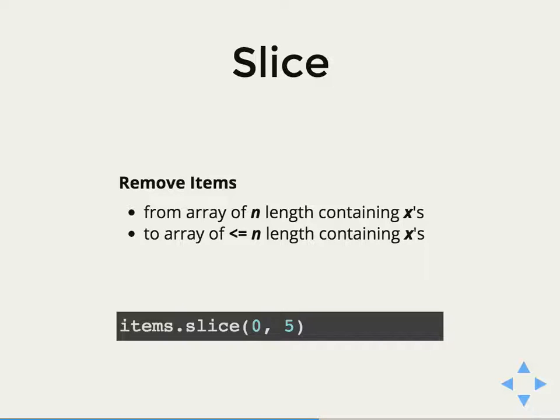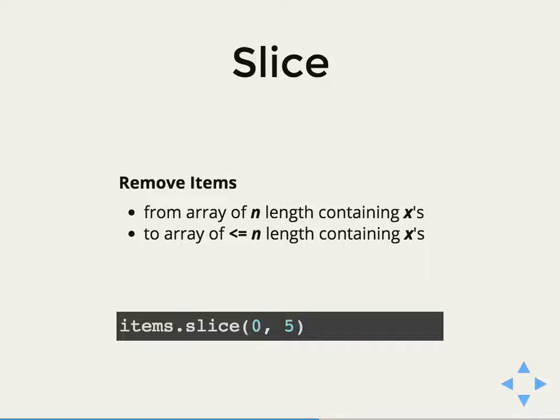When you say shallow, you mean it still has reference to the original array? Shallow meaning that it's going to take a copy of an array, so you're applying some immutability there. We're not going to modify the original array. If that array has object references in it, it's going to copy those one layer deep. So if you're deeper than that, you're going to still have the same references. Does that make sense? Is that what you're asking? Yeah. Okay.